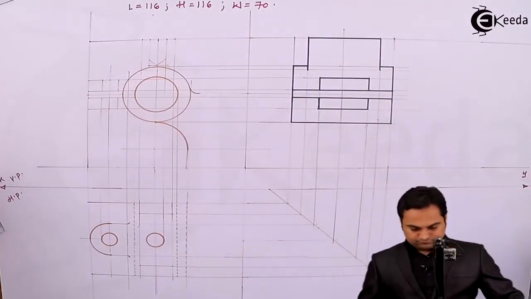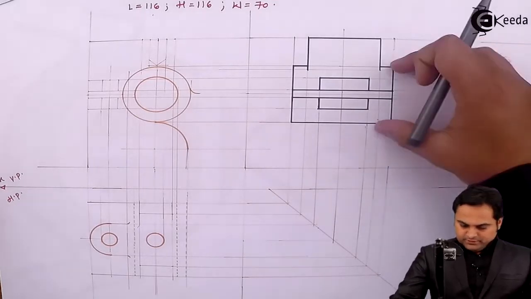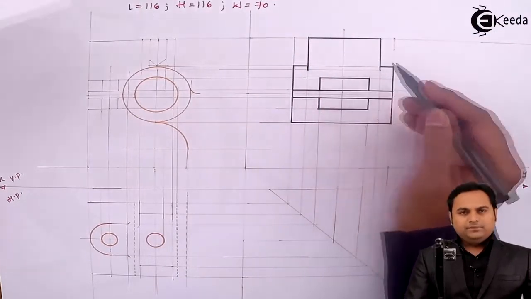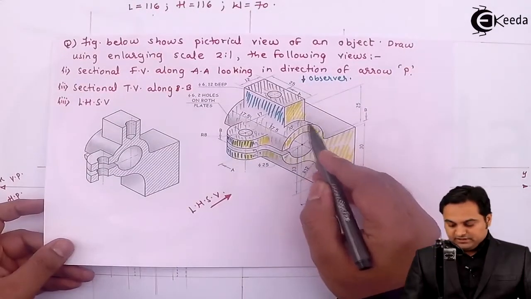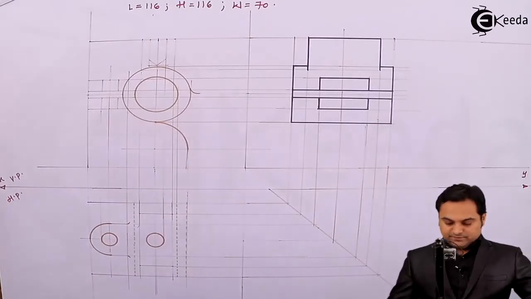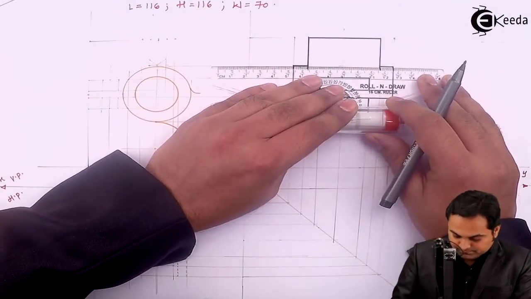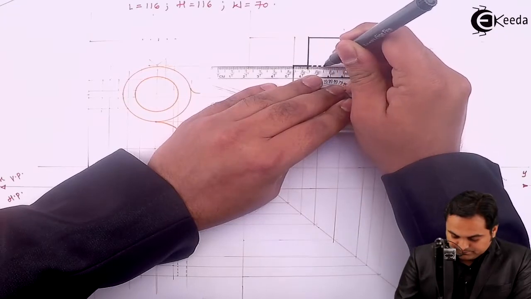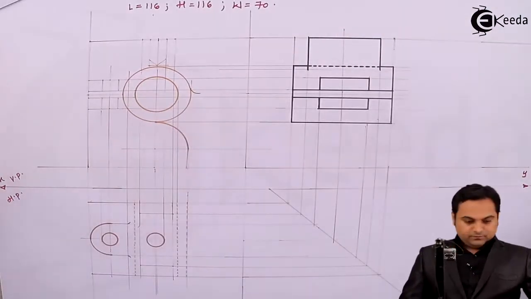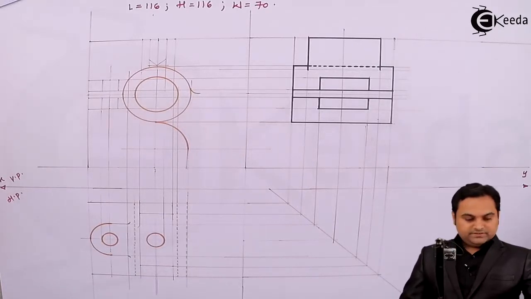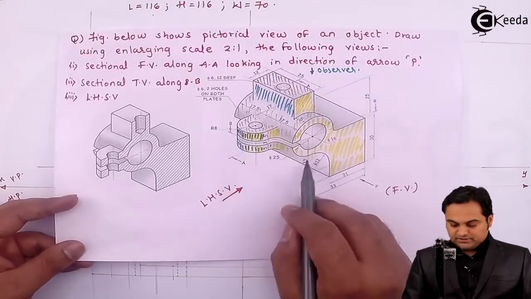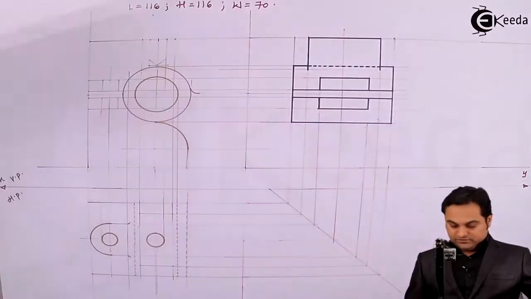Then the part of the cylinder which goes inside this rectangular surface will be hidden, because this cylindrical surface is there throughout the width. So for that purpose, I'll make it hidden. Next, after this, whatever is left at the bottom of the cylinder, that will be seen as a rectangular surface.